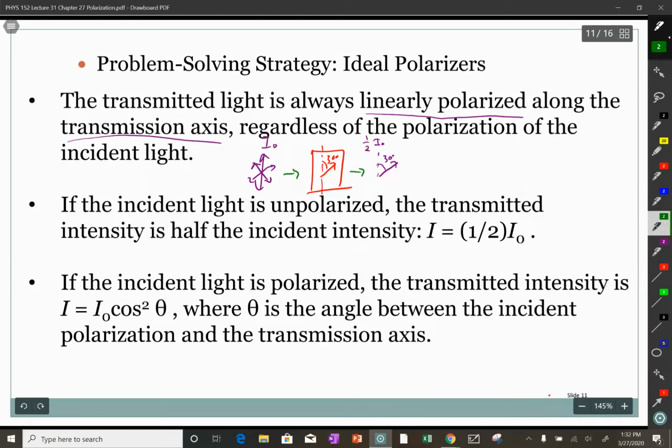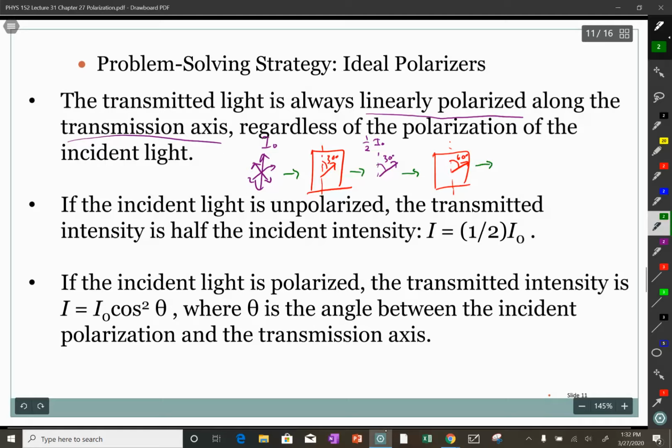Now, if I go through another polarizer, or like I said, sometimes they'll call it an analyzer, so I put another polarizer here, and I'll have this polarizer set at 60 degrees from vertical.